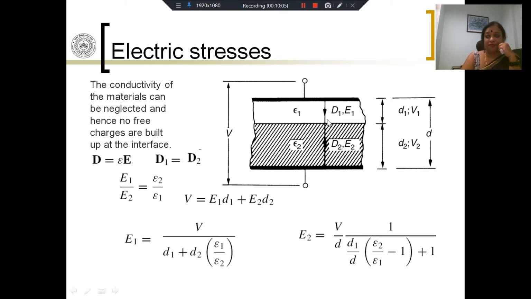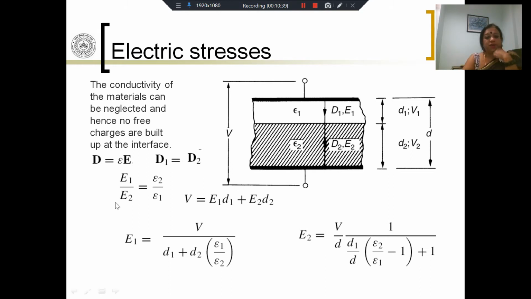So the electric field that you see in material epsilon 1 will increase if the permittivity of material 2 increases. Okay, this is an important concept where you understand that the electric stress in a dielectric medium not only depends upon the applied electric field, not only depends upon the dielectric constant of that material, but it also is governed by the dielectric constant of a neighboring material.